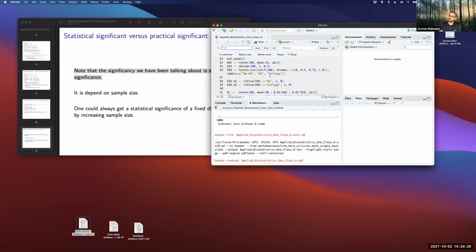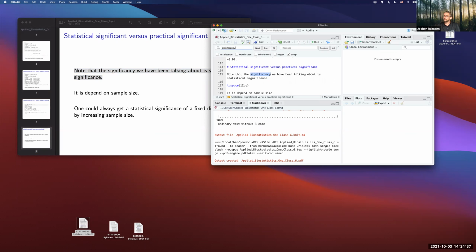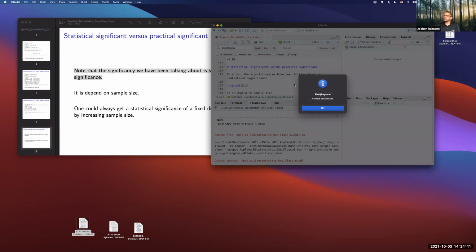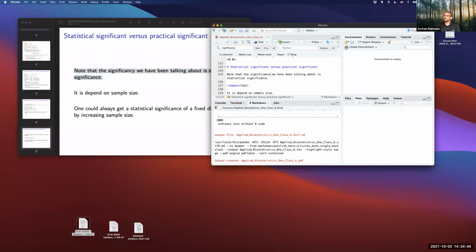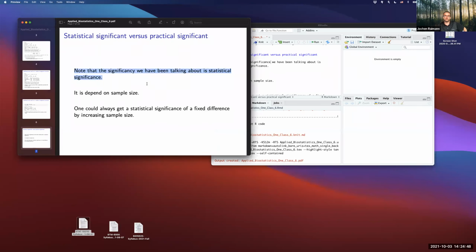So for that very reason, we essentially need to keep in mind to always look at the meaning and the actual relevant difference.